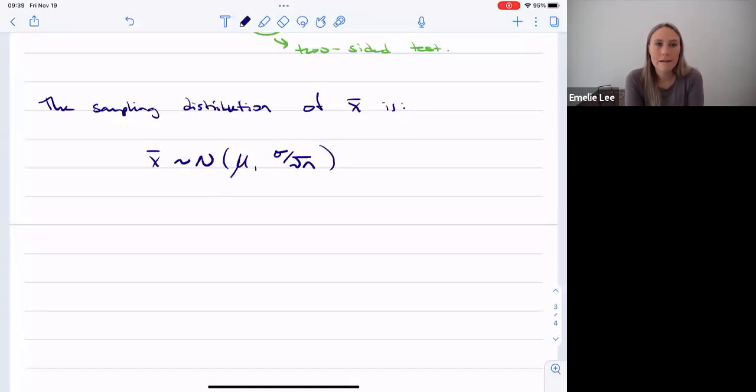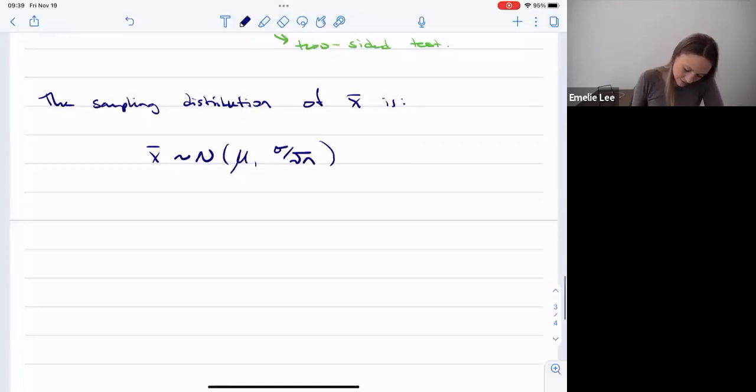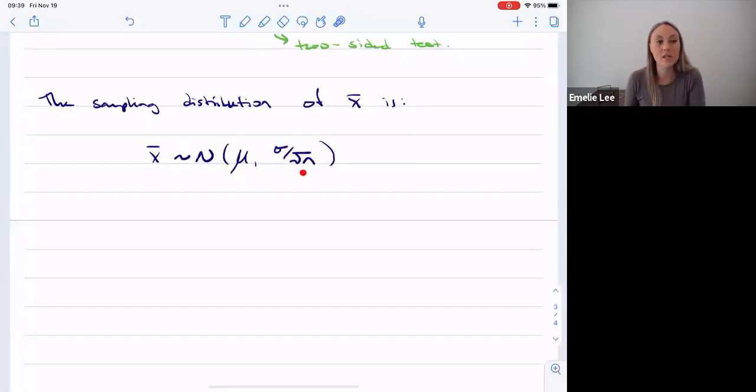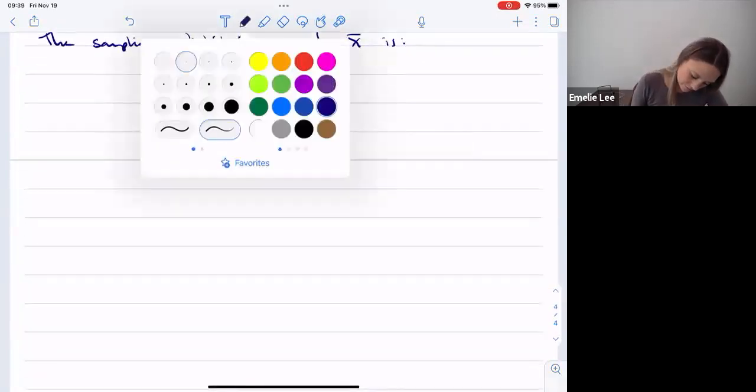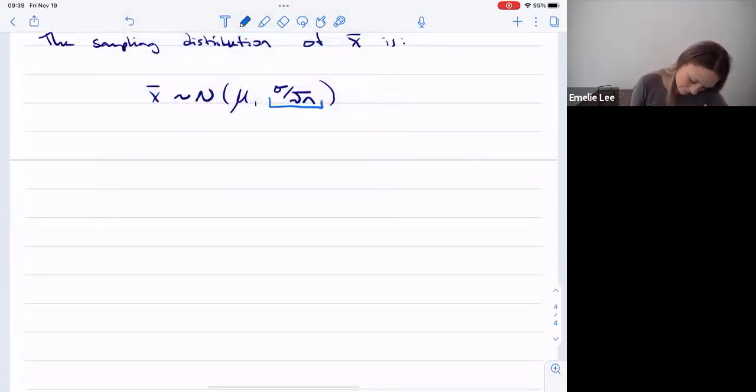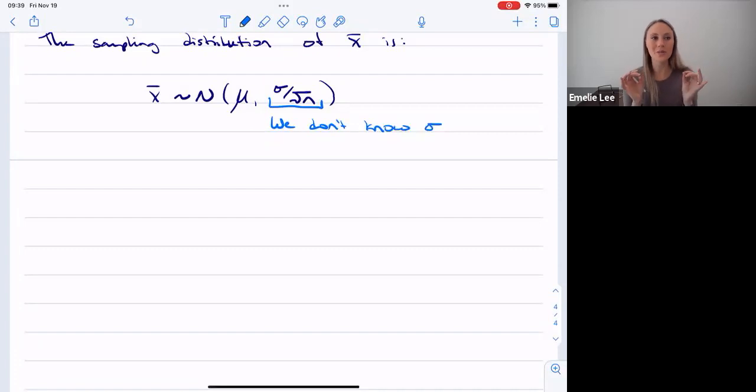Okay. So what we're going to have is the standard error of X bar. Because I don't have sigma, I'm going to use the next best thing, and that's the sample standard deviation, S. We don't know sigma because remember, sigma is the population standard deviation.